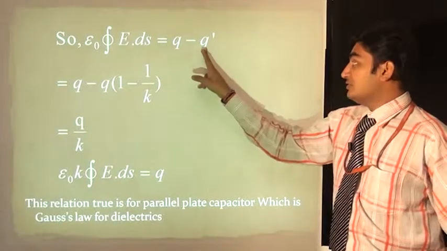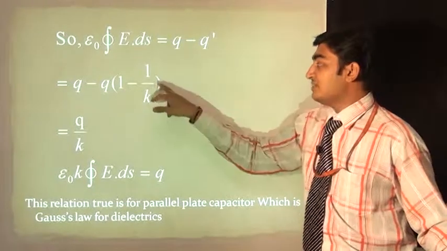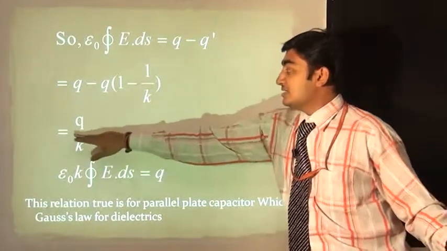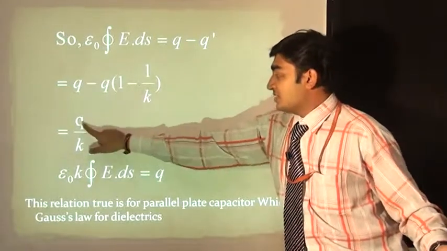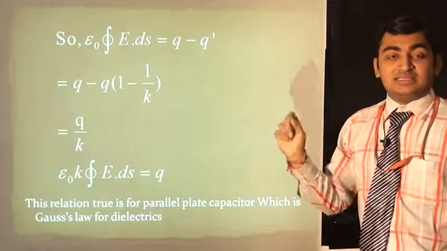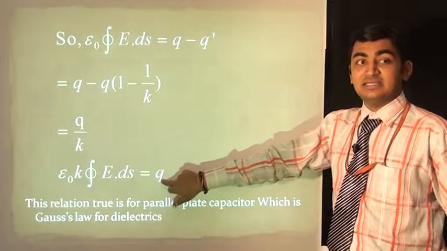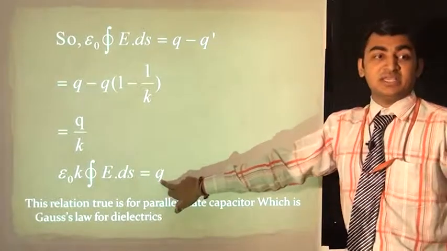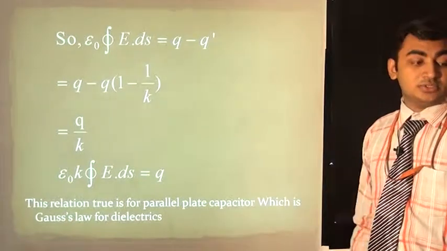We put this value in the equation, and q dash is equal to q in bracket 1 minus 1 by K. It means the charge generated in the free space and the charge generated in the dielectric medium are related. It is the relation of parallel plate capacitor for Gauss's law.